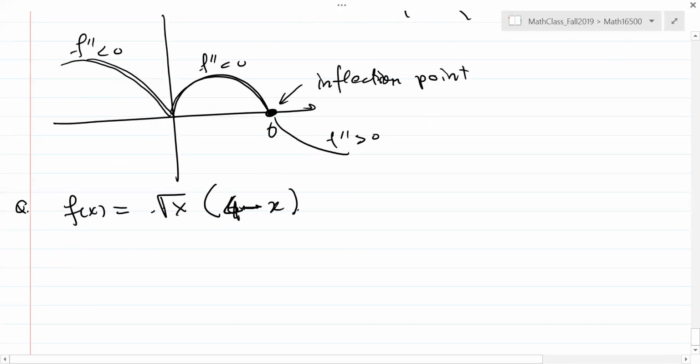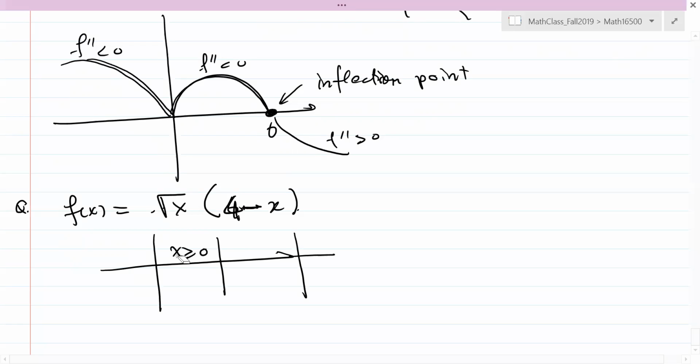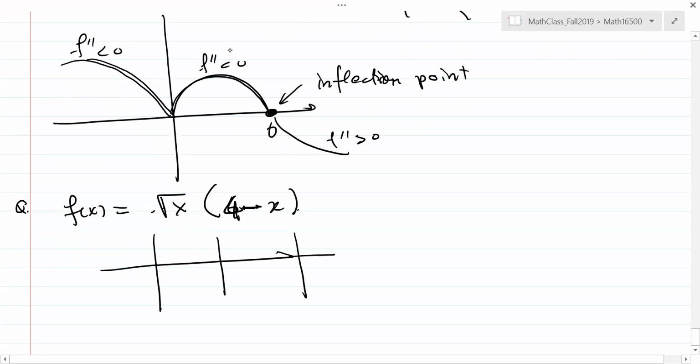So you look at the sign, right? First of all, x is greater than 0, but when x equals 4, it's going to be 0. So you look at the picture here, x is greater than or equal to 0. Yeah, 0 should be less than or equal to x.